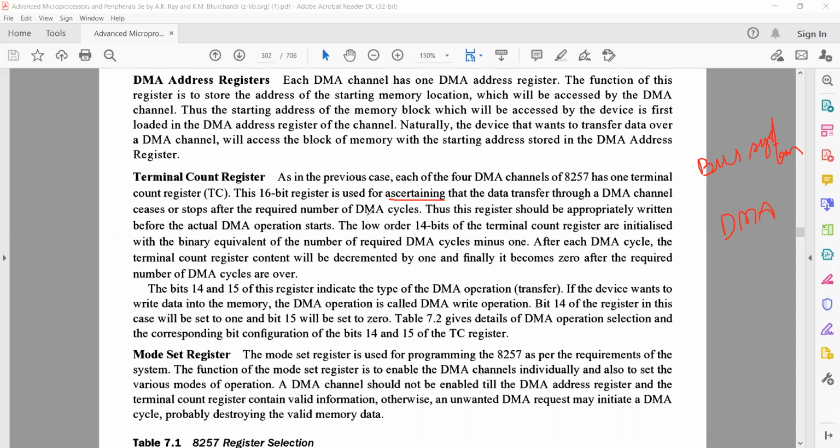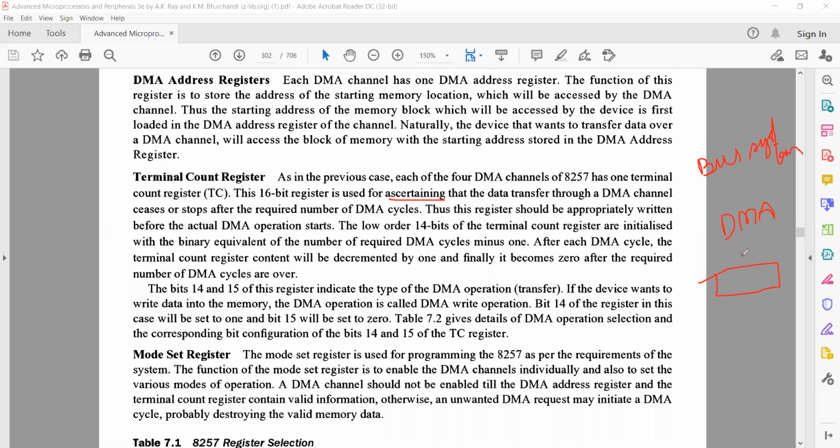Thus, this register should be appropriately written before the actual DMA operation starts. Suppose this is the terminal count register here.